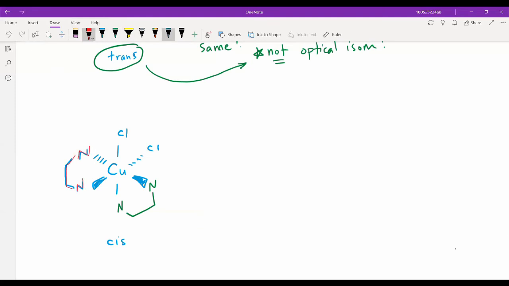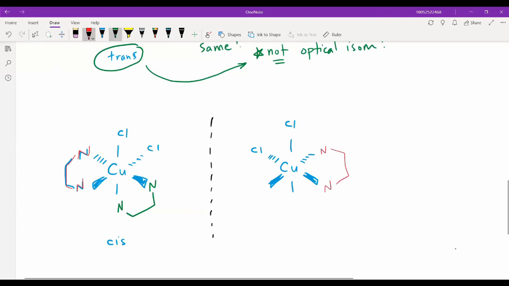Okay, so now I have my mirror here, drawing the three-dimensional octahedral shape. Chlorine's going to go here. This chlorine would reflect here. The red ethylenediamine would reflect on that side, right? And the green one would reflect here in these positions.